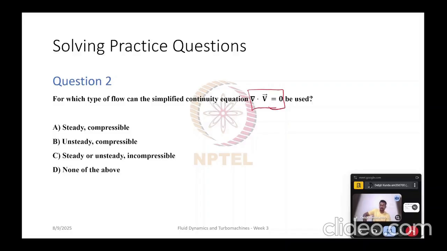Under what conditions can it be applied? Is it option A, steady compressible, sorry, option B, unsteady compressible, option C, steady or unsteady incompressible, or is it option D, none of the above?